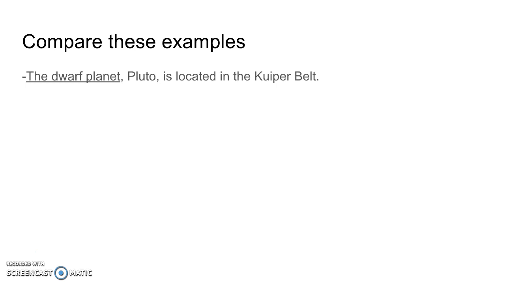This is a sentence taken from the previous reading comprehension that we did together. This is another sentence taken from the reading comprehension we did. Pluto has been downgraded to a dwarf planet. Here we've got the dwarf planet, and in the second example we have a dwarf planet.